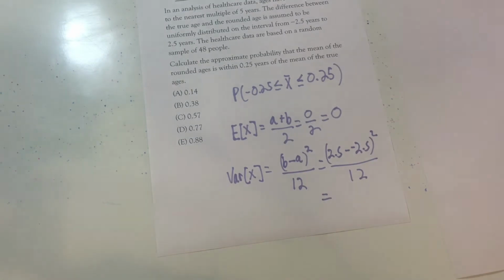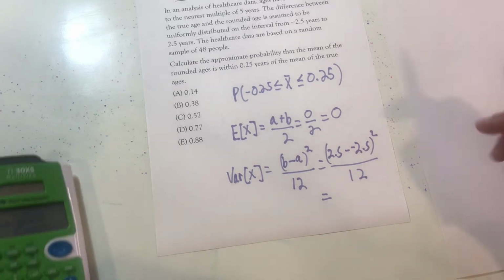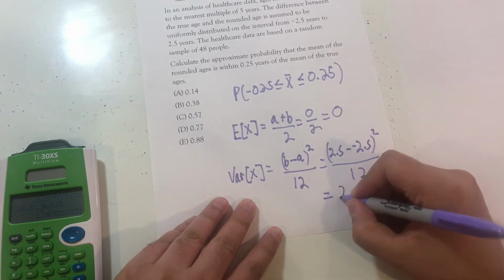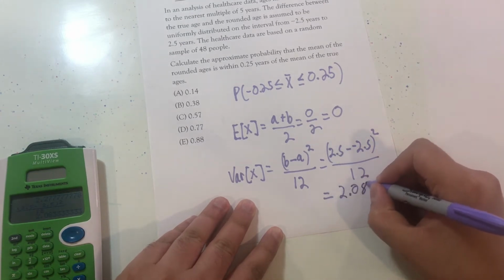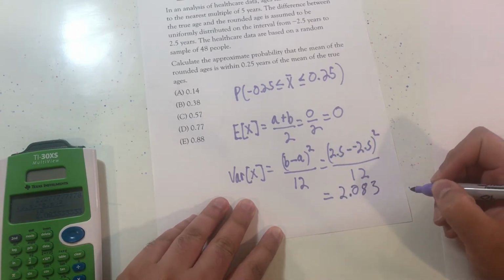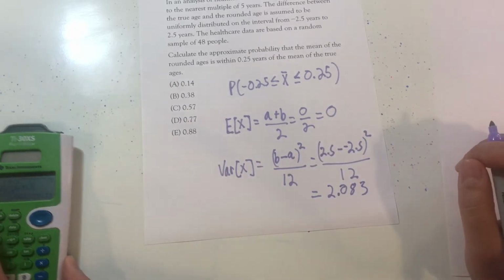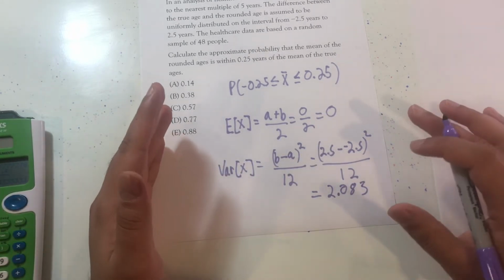I put that into the calculator, and I get 2.083 repeating, so I'm going to round that to 2.083.